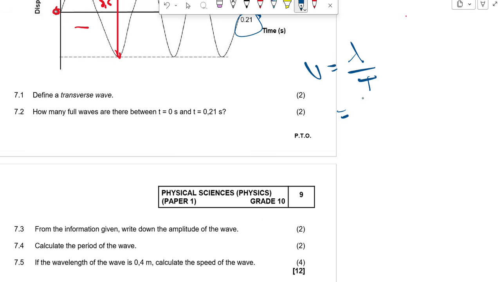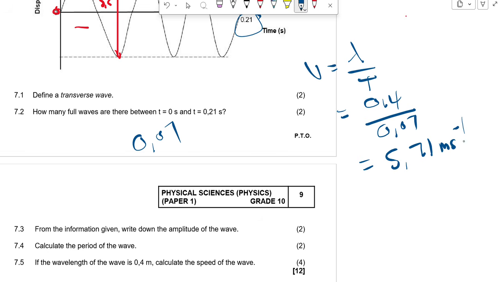Then you see the wavelength is 0.4. Remember, we calculated the time it takes to complete one wave is 0.07. So we divide by that time, 0.07. And then we press the calculator: 5,71 meters per second. Some can use another formula, it's fine. Okay, but you will end up with this answer. So let's continue, guys.